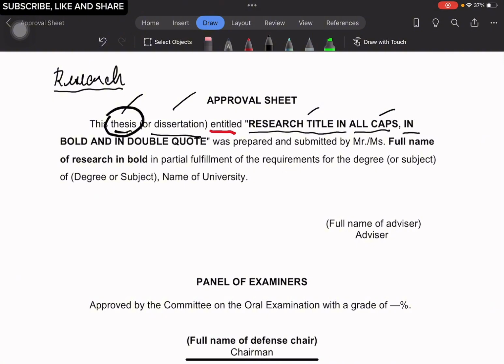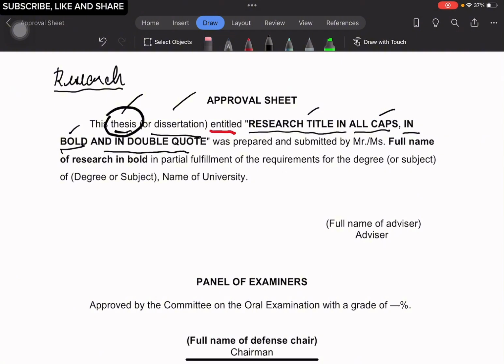And the third one, it should be in bold. And the last one, it should be located within a double quote or double quotation. Again, later on in the next part of this page, I will be presenting samples so that you will be able to visualize what I am discussing right now.